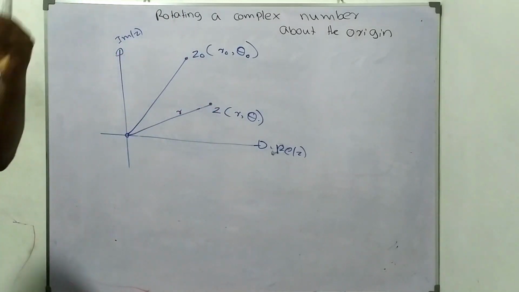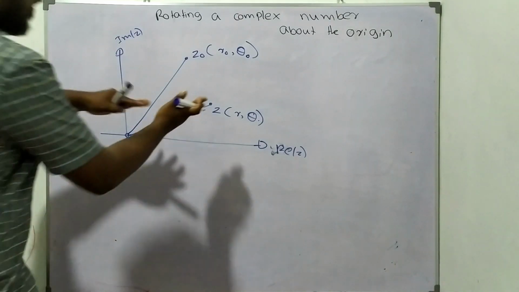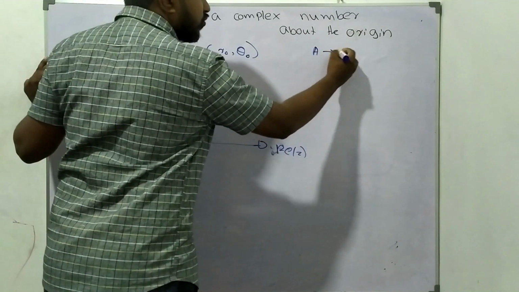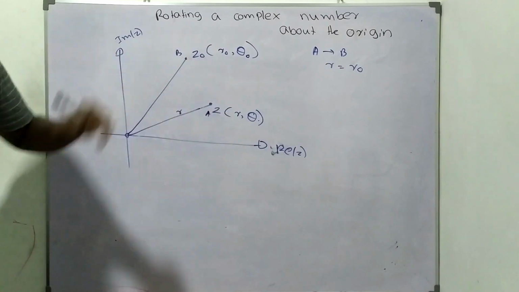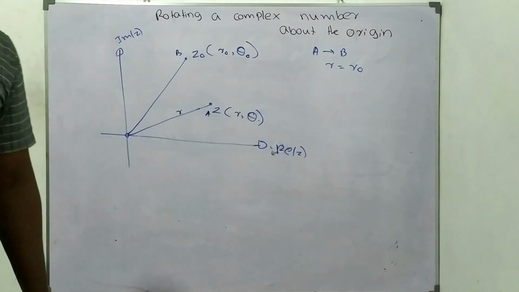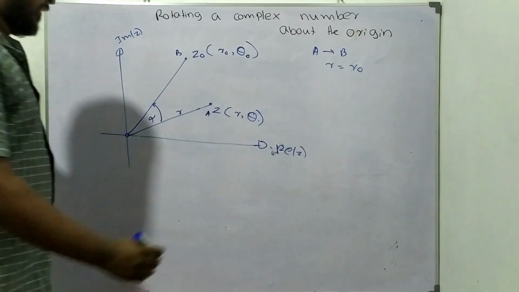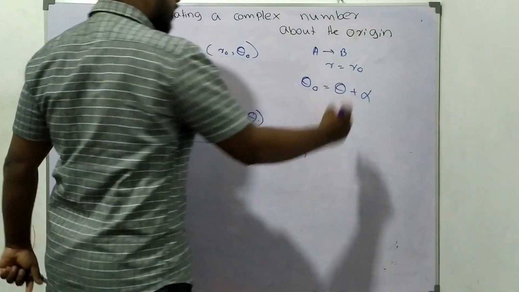So this one is rotated from A to B. The radius r will be the same, but the angle theta naught has changed. Assume this angle is alpha. Then you can write theta naught as theta plus alpha.